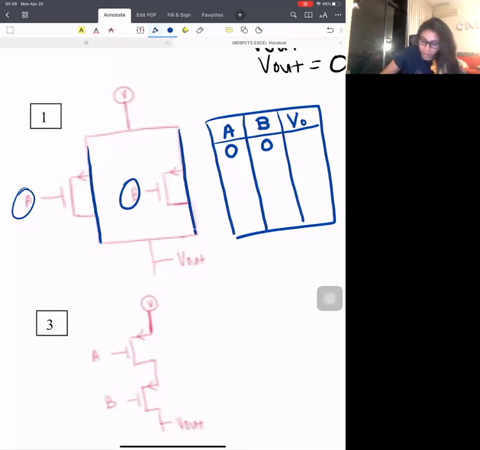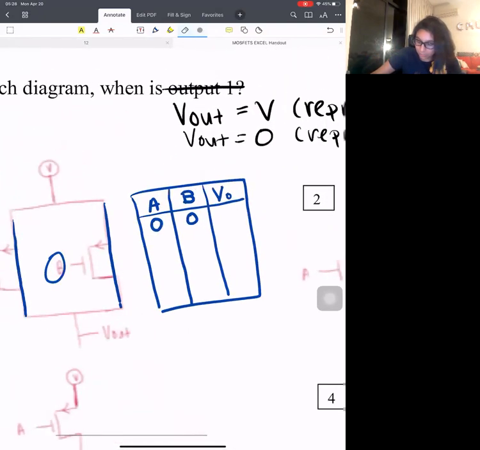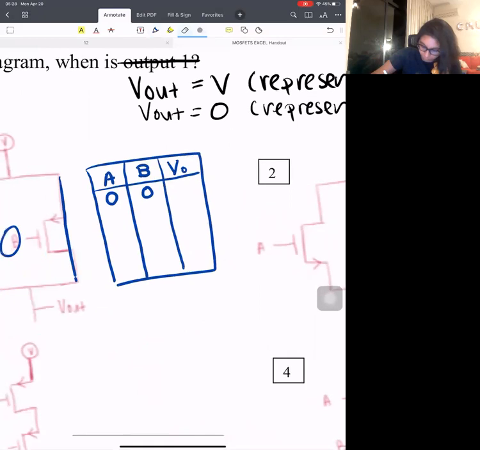So current is flowing through this portion of the circuit. So at V out, the voltage you measure is going to be the same as V. And so we're going to represent that with a 1.